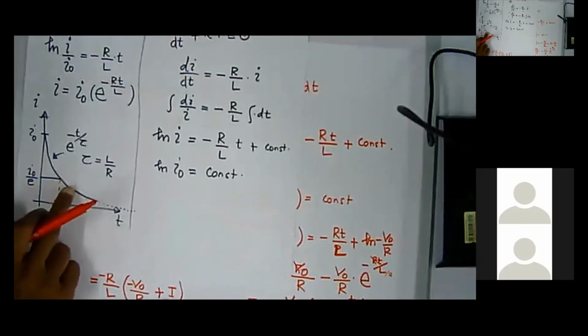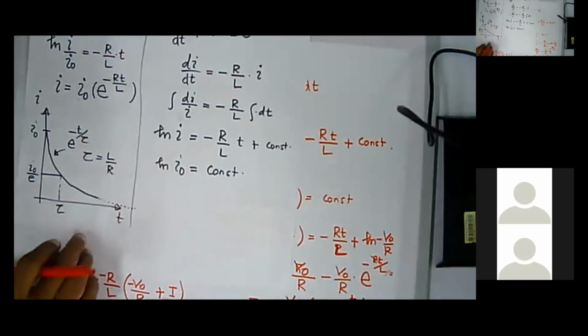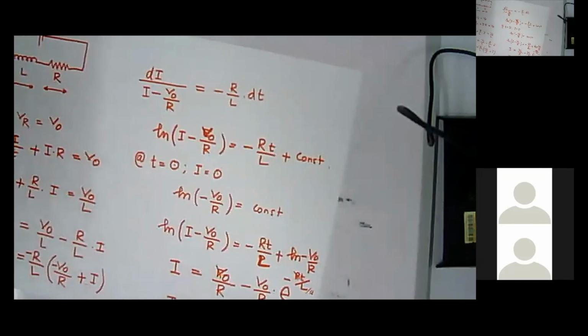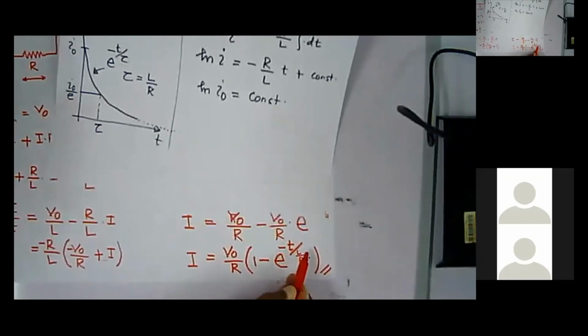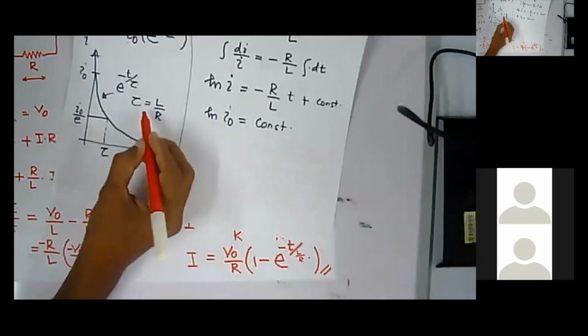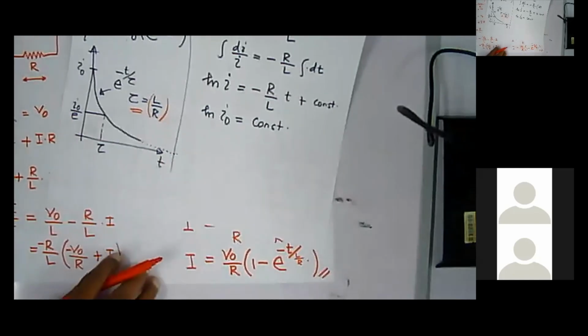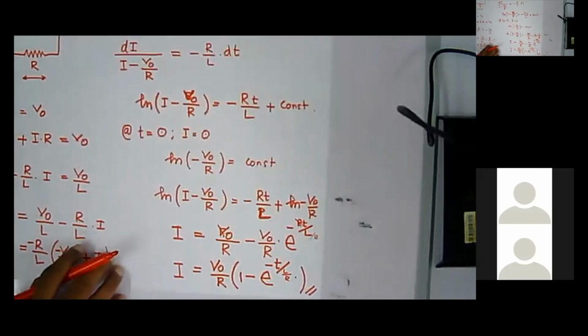So the current is this one, then voltage is actually the inverse. So that's what we use the L over R here, right? So this L over R we are using here for comparison, right? T over L over R, where we have L over R, which is our time constant tau, right? So I can write it as T by tau, right?